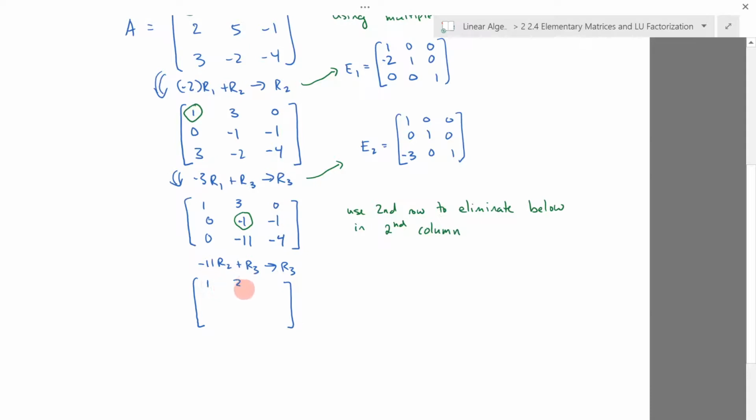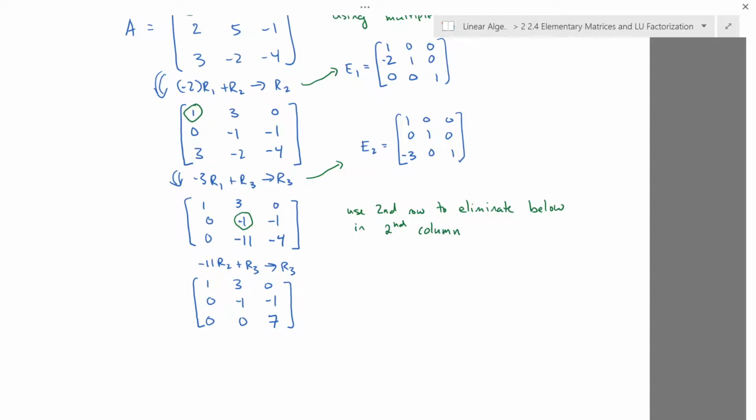The first row stays the same, the second row stays the same, and then the third row we're calculating. -11 times -1 is a positive 11. Positive 11 minus 11 gives you 0. And then -11 times -1, again, is positive 11. Positive 11 minus 4 is 7. Okay, so this is what we get.